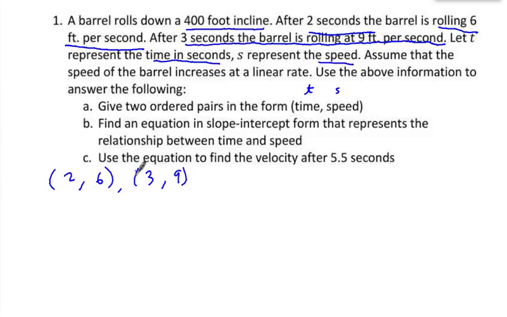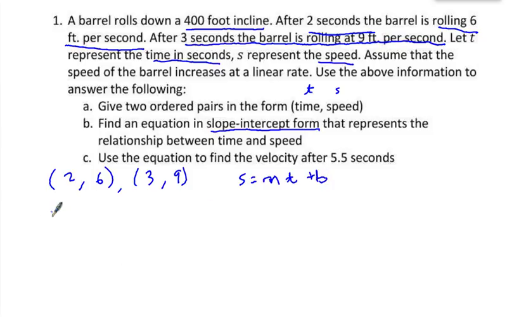That answers portion A. B now asks us to find an equation in slope-intercept form to represent the relationship between time and speed. So slope-intercept form is what we're looking for, y equals mx plus b, or in this case, s equals mt plus b.